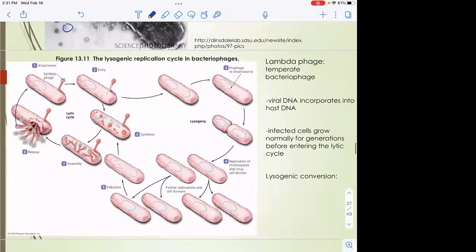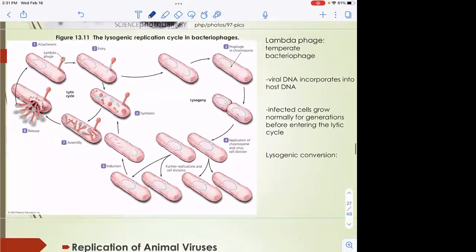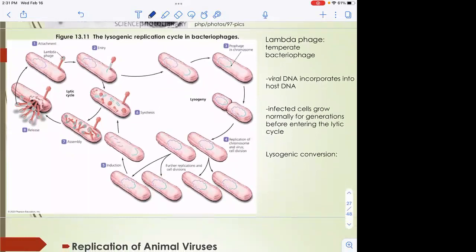So the second kind of replication incorporates another little loop. Okay, so there are some bacteriophage that will infect bacteria that are able to do the lytic replication, but they can also do what we call the lysogenic replication. Our example here in this picture is lambda phage, and you can see it looks similar to the T4.